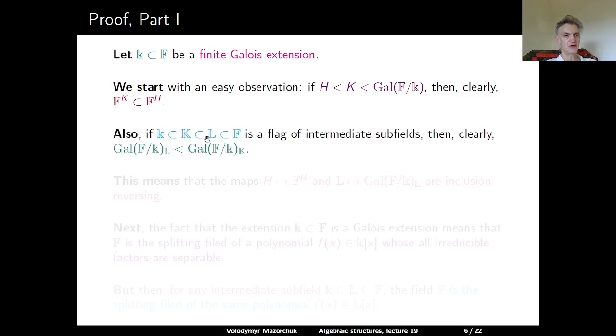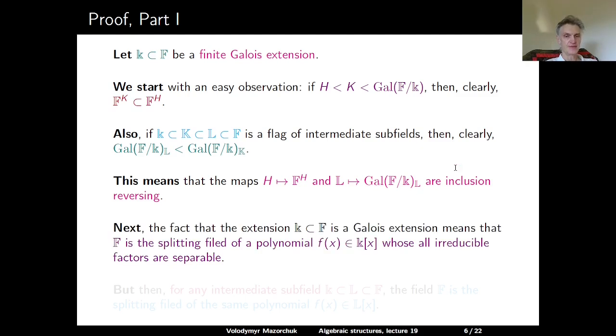Similarly, if we have two intermediate subfields K and L of this extension which are embedded into each other, then the corresponding stabilizer subgroups are also embedded in the opposite way. The bigger the subfield, the fewer elements of the Galois group fix it. So this means that our two maps, which associate to a subgroup its subfield of fixed points, and to a subfield its stabilizer subgroup, are inclusion reversing.